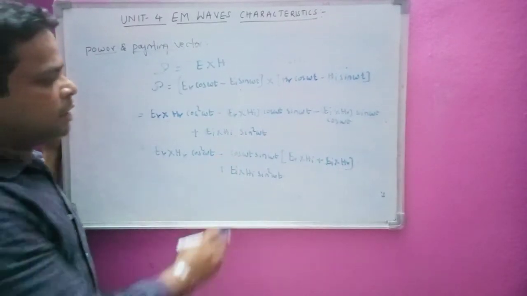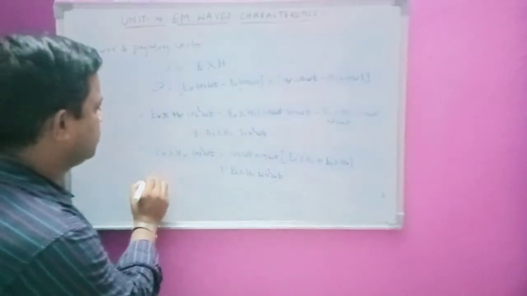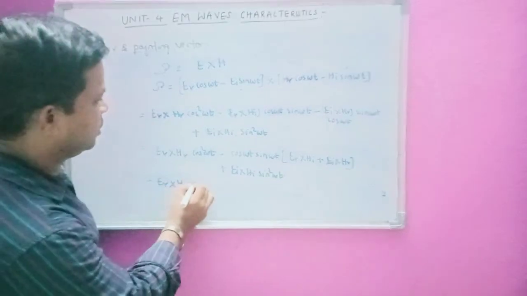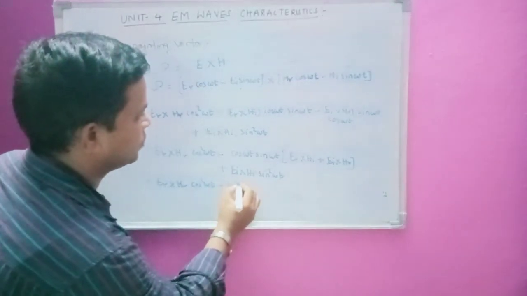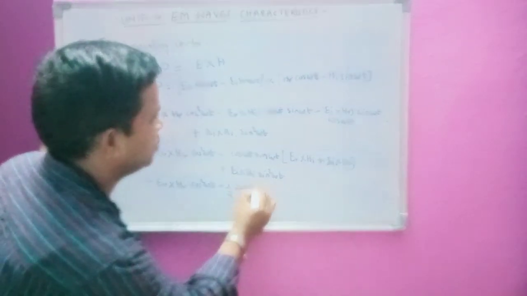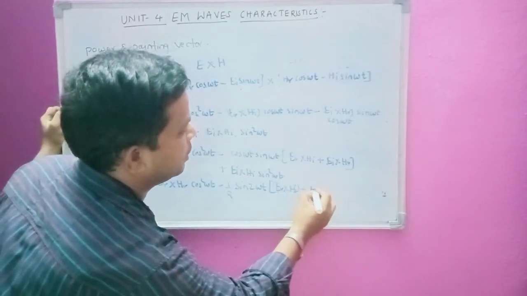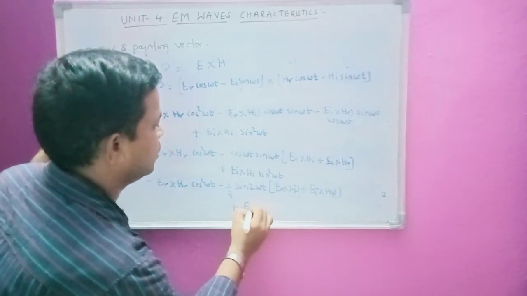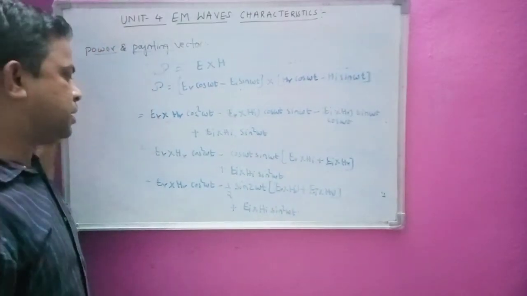So sin 2 theta is equal to 2 sin A cos A. I can write this in this form, that is Er cross Hr cos square omega t minus 1 by 2 sin 2 omega t, that is sin 2 theta form, into Er cross Hi plus Ei cross Hr, plus Ei cross Hi sin square omega t. So that is what here we are going to get.